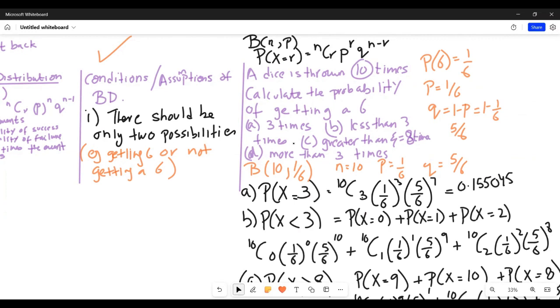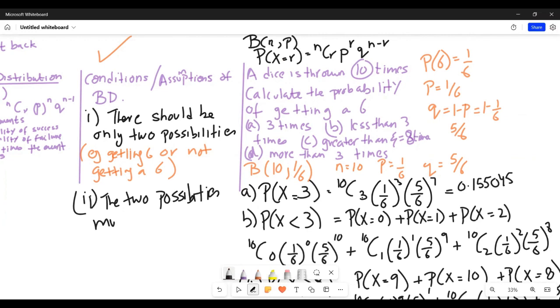Okay. The second condition is events must be independent. These 2 possibilities that we've mentioned above must be independent.